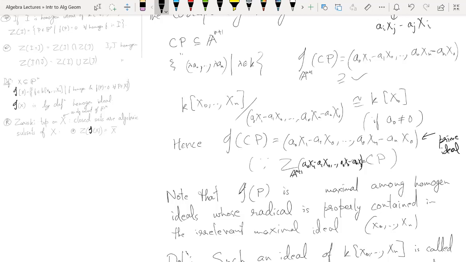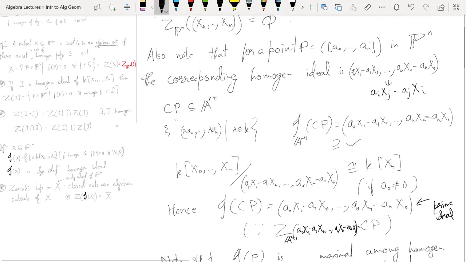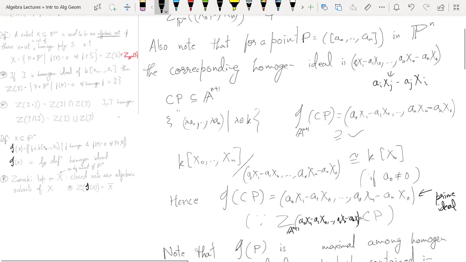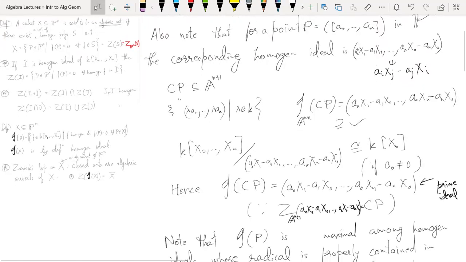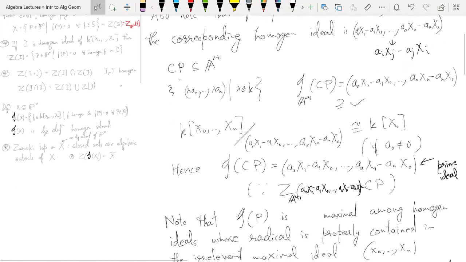But this is a prime ideal, so it is its own radical. So we get that it is I(C_P). What we concluded is that the ideal of definition of P is precisely this homogeneous ideal.